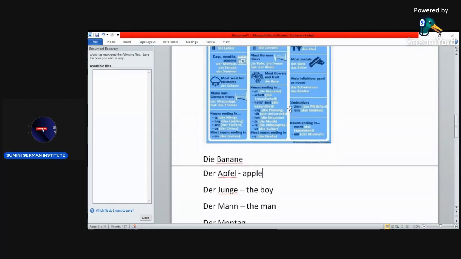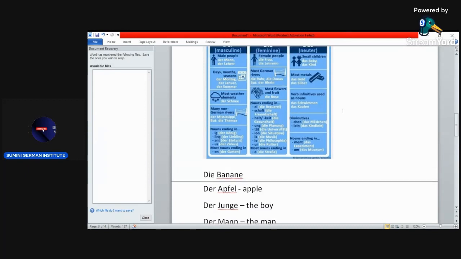Then we have the endings, diminutives. We have chen, for example, das Mädchen. So here, Mädchen, in English, it's the girl, okay? So the word Mädchen is neutral, okay?